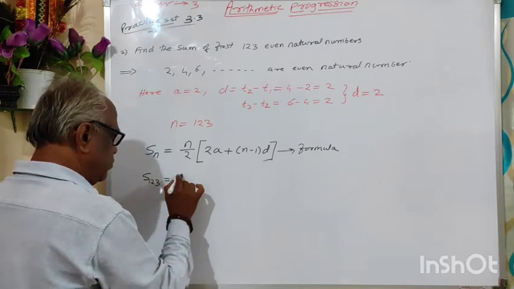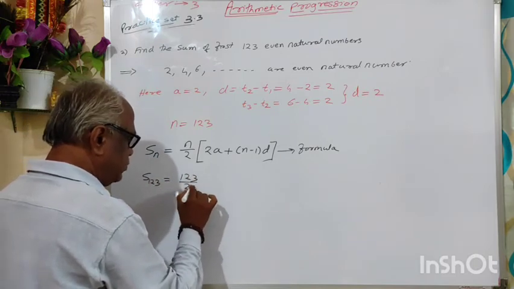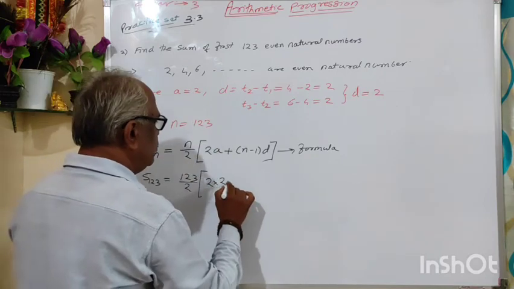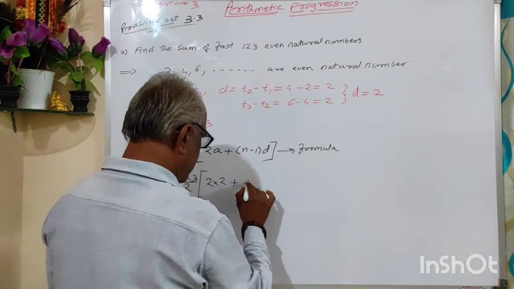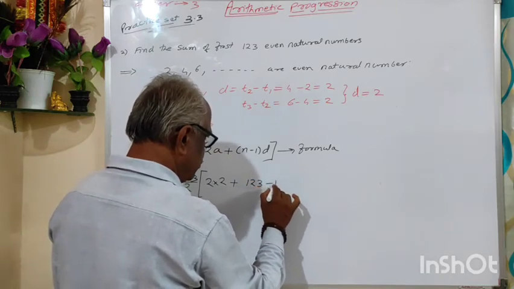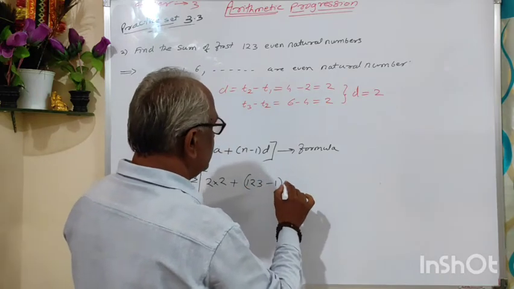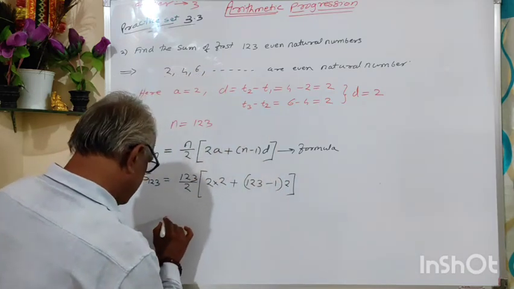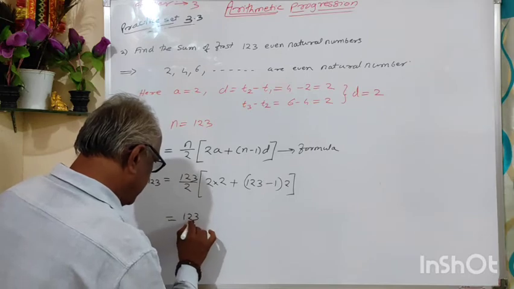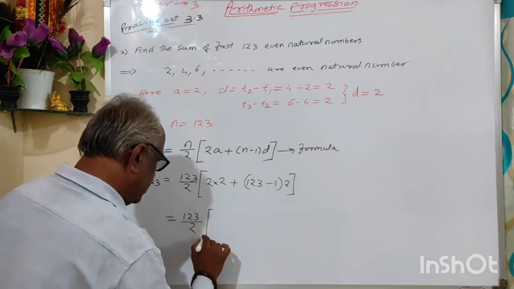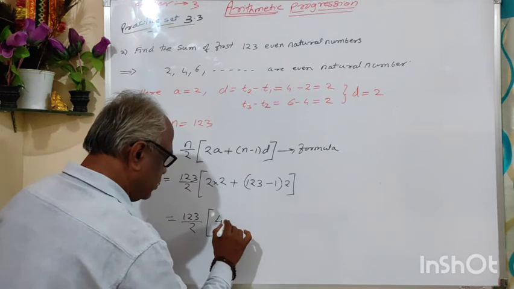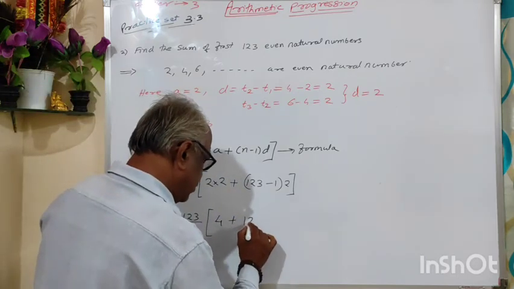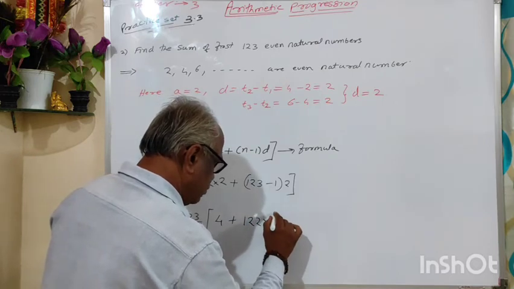S123 is equal to 123 upon 2, bracket, 2 into a value 2 plus n, which is 123, minus 1 into d, which is 2, bracket complete, which is equal to 123 upon 2 into bracket, 2 twos are 4 plus 123 minus 1, that is 122 into 2.